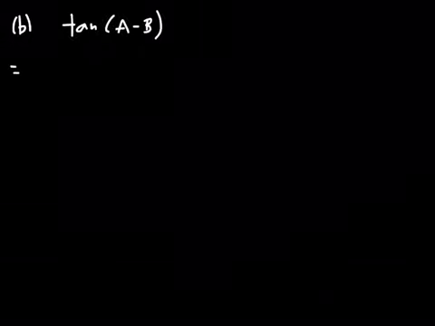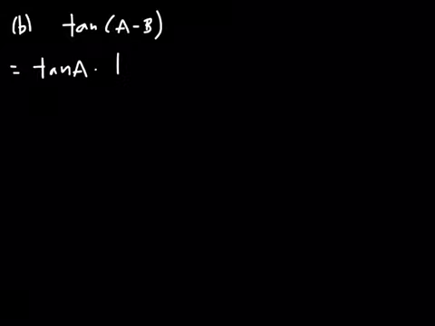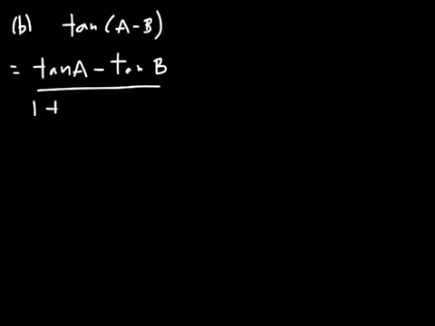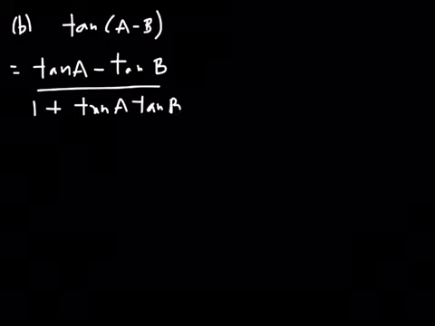All right, the second thing they wanted you to find is tangent of A minus B. All right, guys, by the difference identity for tangent, this is tangent of A minus tangent of B over 1 plus tangent of A times tangent of B. Okay?